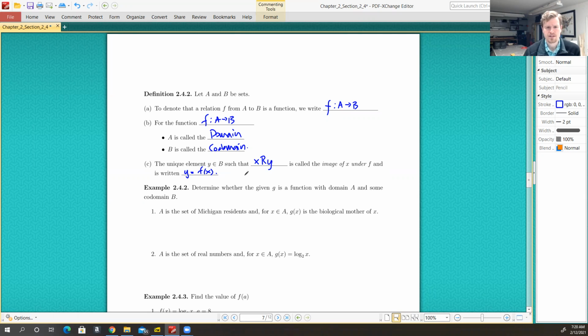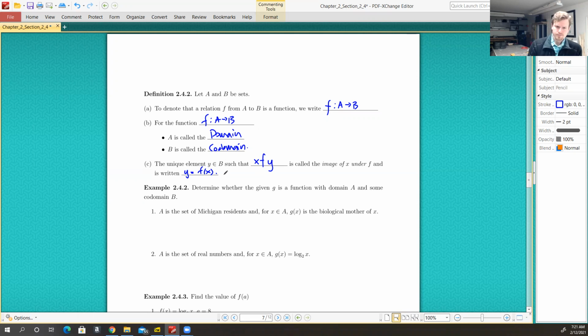And that tells us a little bit as well. y equals f of x is essentially the same way of saying that x is related to y. And in this case, I suppose it would be x f y, because x is related to y through the relation f, because this is relation notation. Okay. And in this case, we've said it's a function, so we introduce function notation as well.